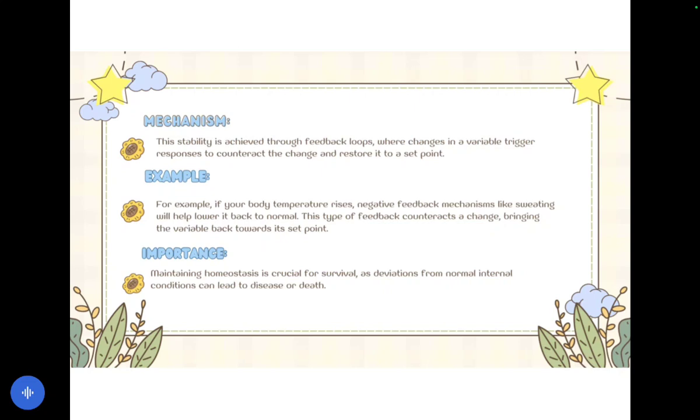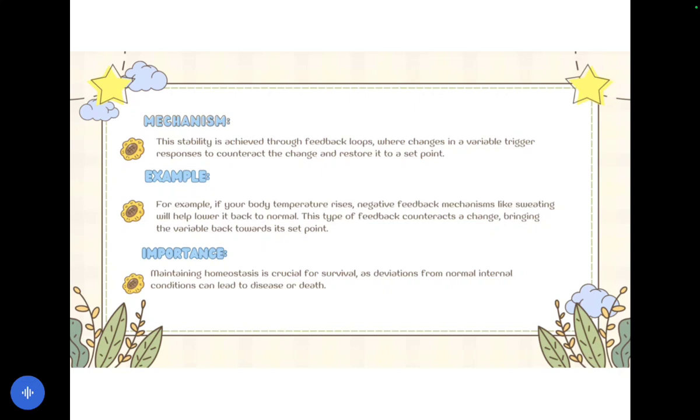So, they send thermoreceptor signals to the hypothalamus to activate neurons. Those neurons then send signals to the skin to produce sweat, which we use every time we feel hot, so that our body decreases its temperature. To adapt or to counteract the temperature of our surrounding, of the external triggers. So, maintaining homeostasis is crucial for survival as deviations from normal internal conditions can lead to disease or death.